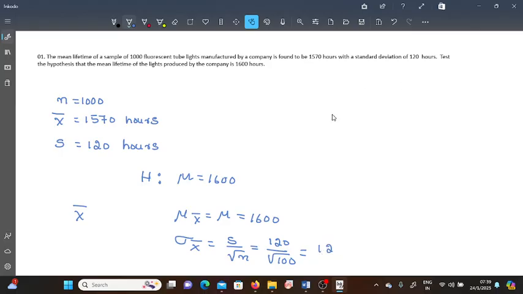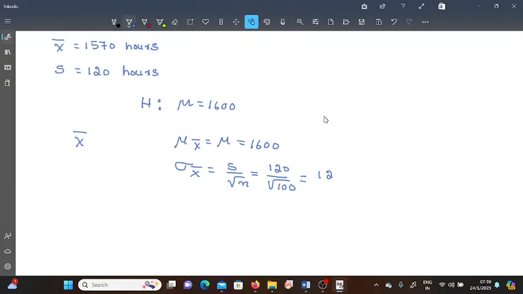Now let us consider the Z score for the given hypothesis. If we consider the test statistic, Z is equal to X bar minus mu by sigma X bar. So this becomes X bar minus the population mean, which is 1600 hours, and sigma X bar is clearly 12.